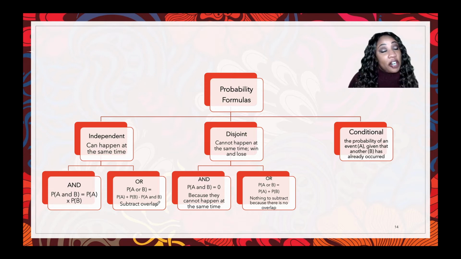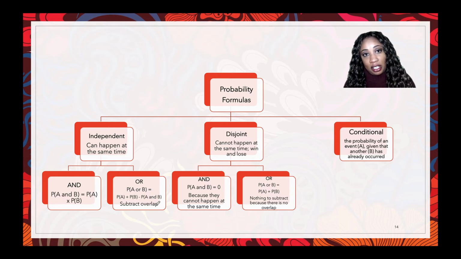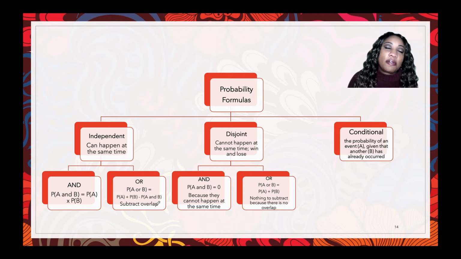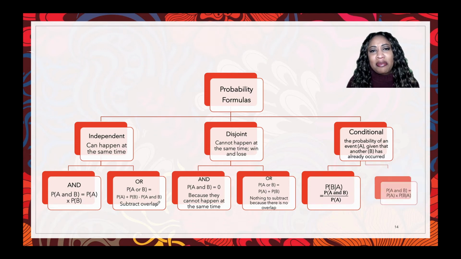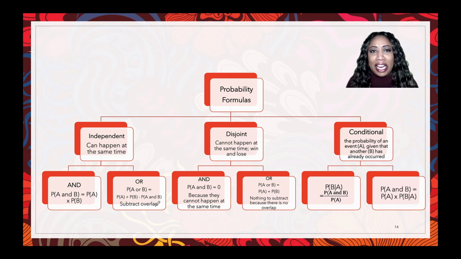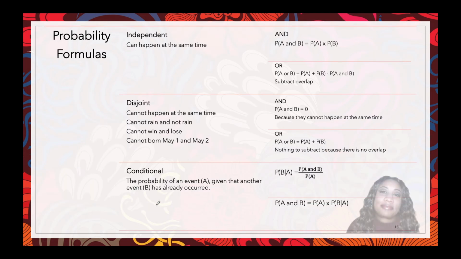So if that first thing is different, the second event will be different because the second event is based on the first event. So that's the condition part. Now these formulas, again, might look a little scary, but fear not, because we are going to do some examples. All right, let's roll into the examples.